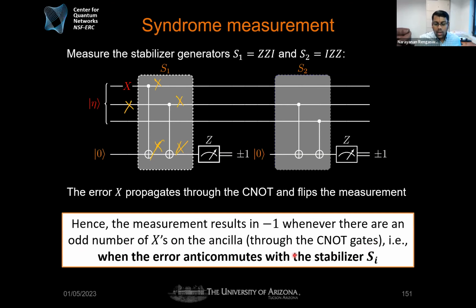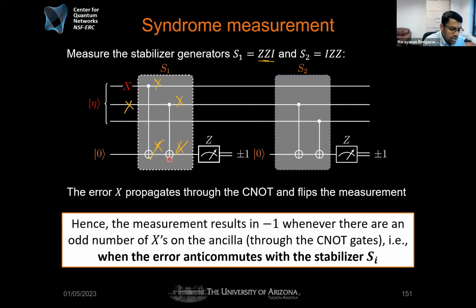Another way to say this is, you know that Pauli operators either commute or anti-commute. And so another way to say the statement is that when the error anti-commutes with the stabilizer, you get a -1. Here in this case, you had 2 X's, but the stabilizer also had 2 Z's, and so the 2 X's commute with the 2 Z's.